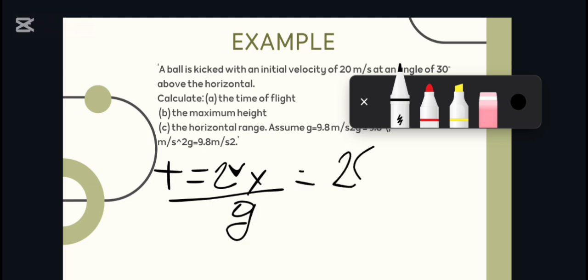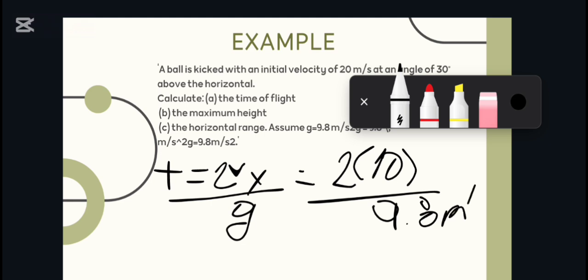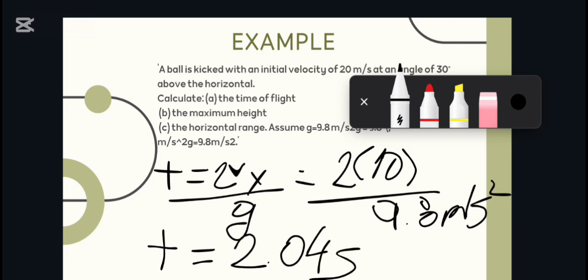This is 2 times 10, that is the velocity on y, over gravity, that is 9.8 meters per second squared. And that gave us 2.04 seconds.